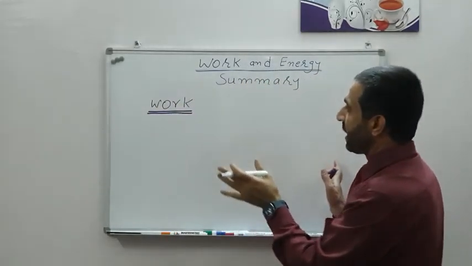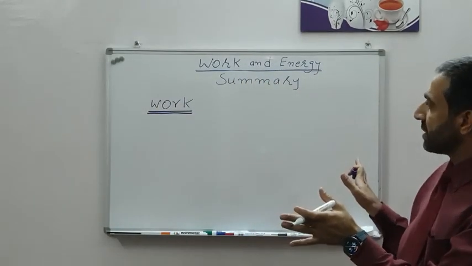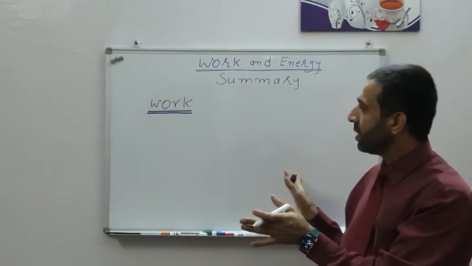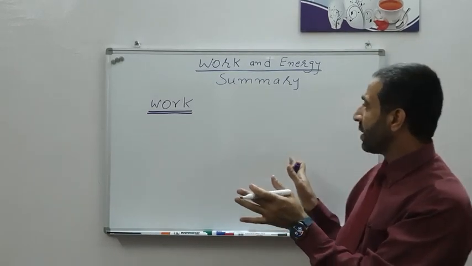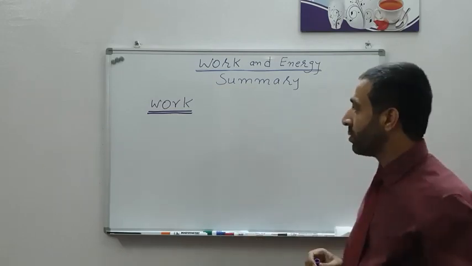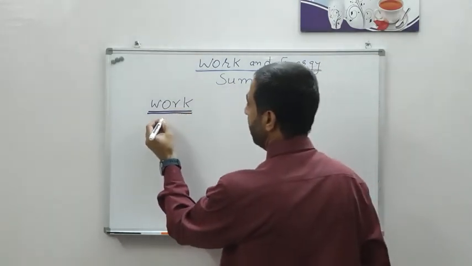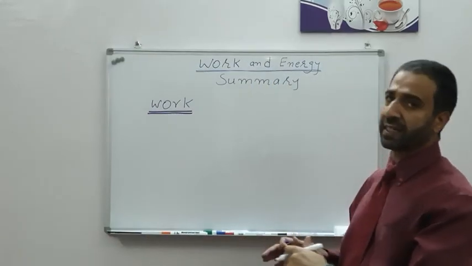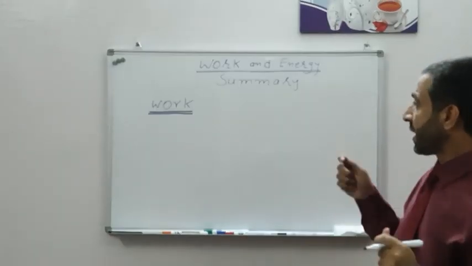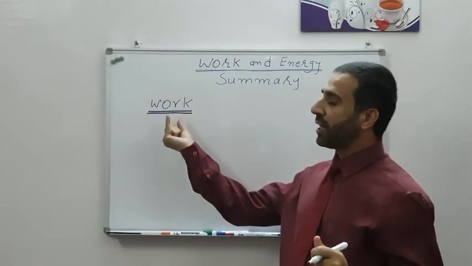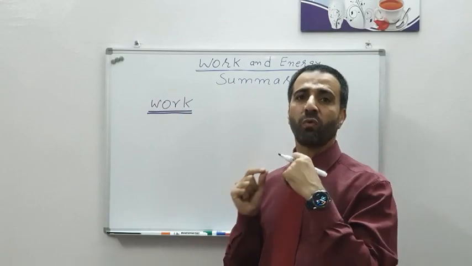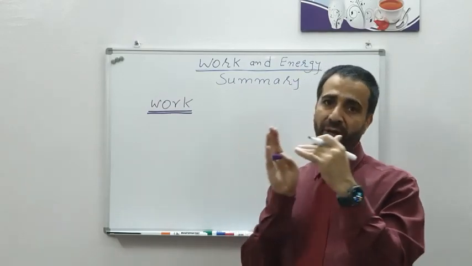I'm not making any drawing because this is just a summary. There are a lot of videos regarding this chapter available to you. So work is done when a force acts on a body and displaces it in the direction of the force. But the concept of work, I told you, is that work is done when energy is converted from one form into another.